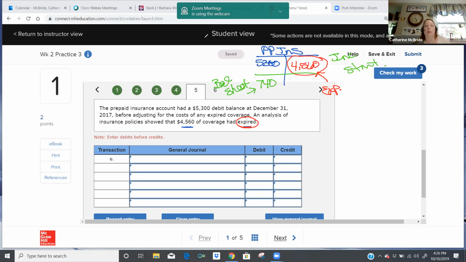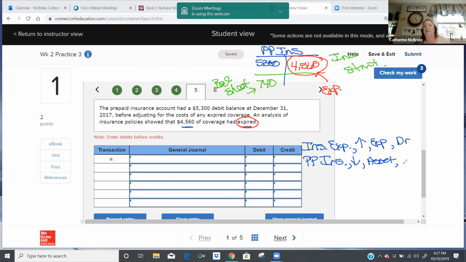All right, so let's look at our journal entry. We have 2 accounts. We have insurance expense and prepaid insurance. Did insurance expense increase or decrease? It increased. And prepaid insurance decreased. Insurance expense is an expense. Prepaid insurance is what type of account? I just said it's an asset. If I increase an expense, do I debit it or credit it?